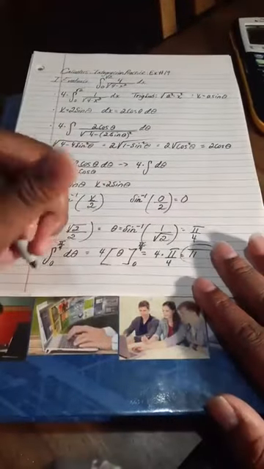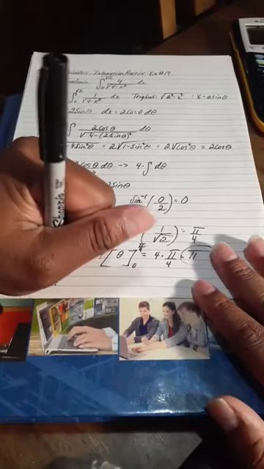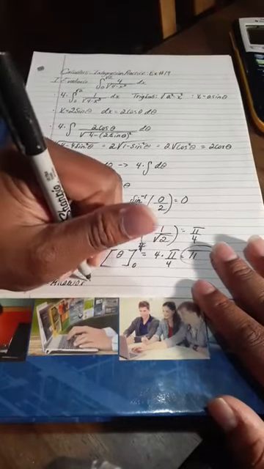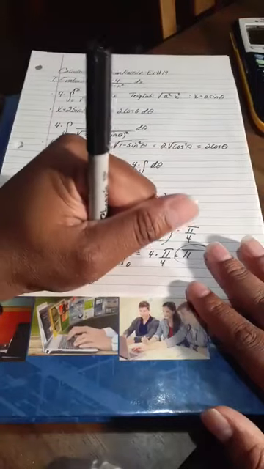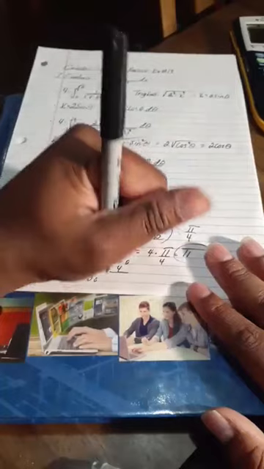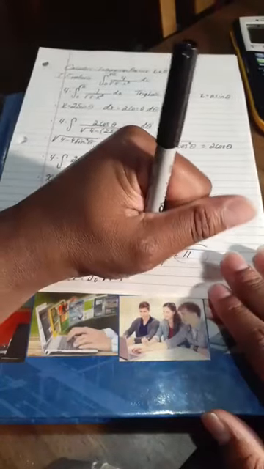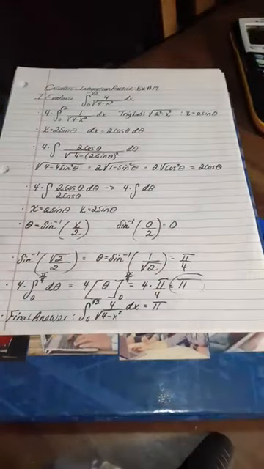So this just essentially gives us 4 times pi over 4, which is clearly just pi. And so therefore, our final answer for this definite integral of 4 over the square root of 4 minus x squared with respect to x is simply pi.